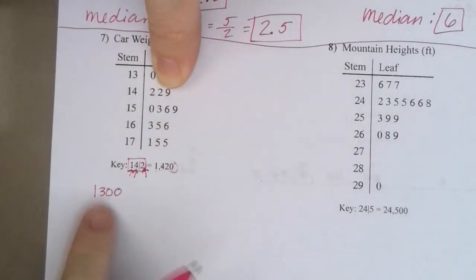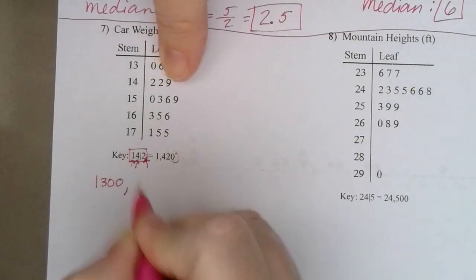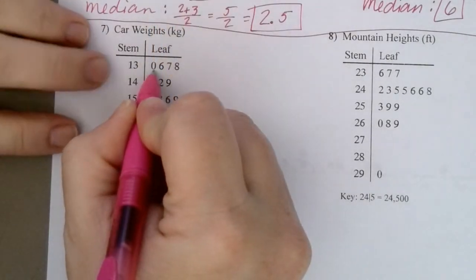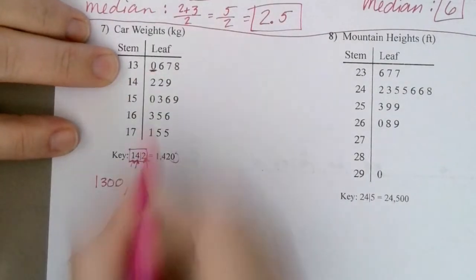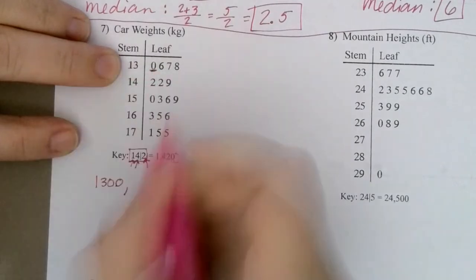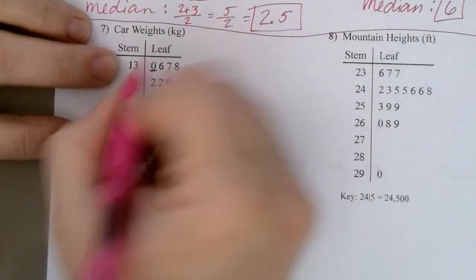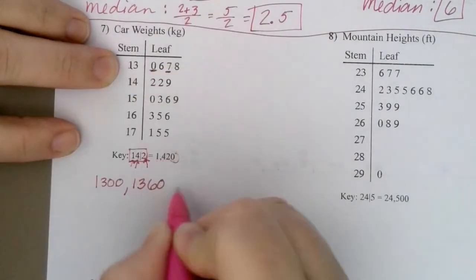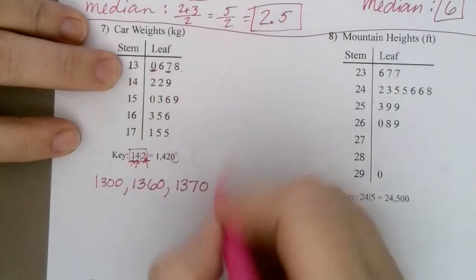That's representing the number 1,300. Does that kind of make sense? No? Okay. What about, the leaves we have to take individually. So I have 13, 0 with a 0. I also have 13, 6 with a 0. I also have 13, 7 with a 0. And I have 13, 8 with a 0.